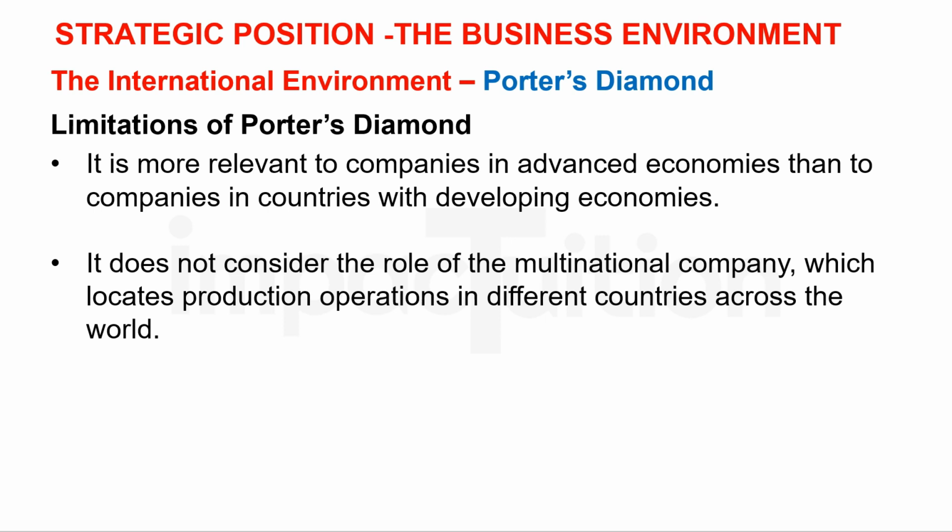If the government is enforcing strict production standards, it will affect the demand condition because the quality of the products will be improved. So this is how we use the Porter's diamond in an exam situation. Talk about each of the elements and how government action affects the elements in the diamond.